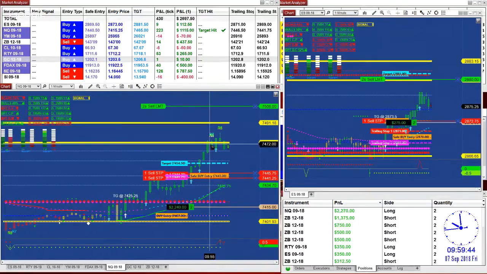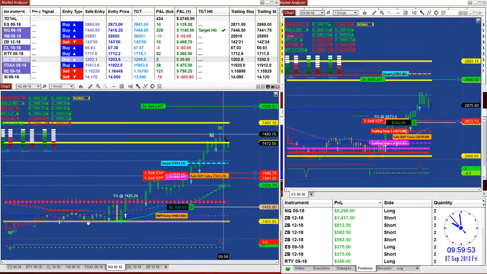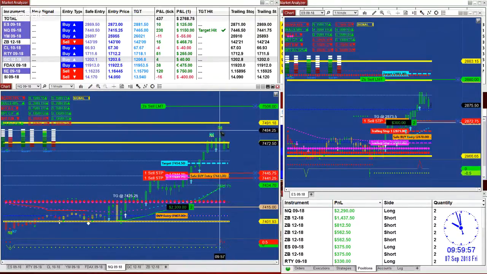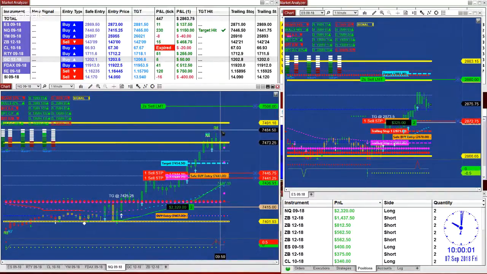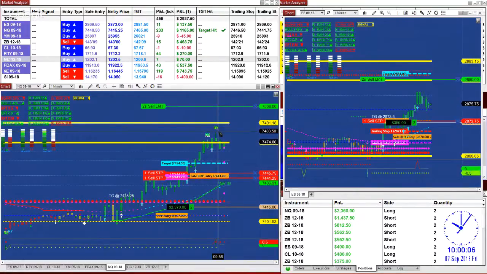Everything you see on the chart already updates itself. You do not have to do anything. So if we are looking at this Nasdaq right now, we know where we can maximize the most out of that trade. 2400, call it off for today and get it over with.